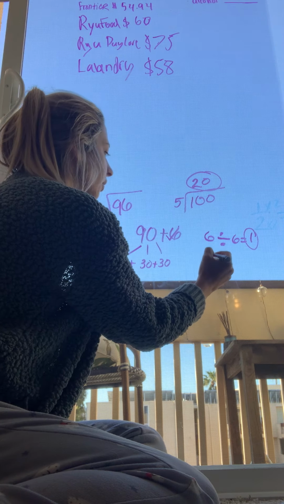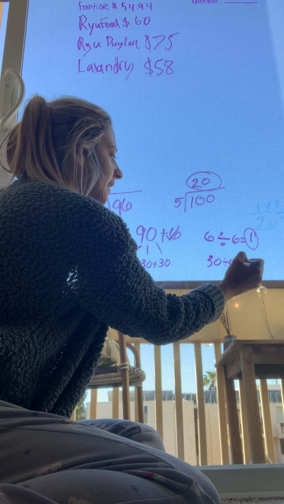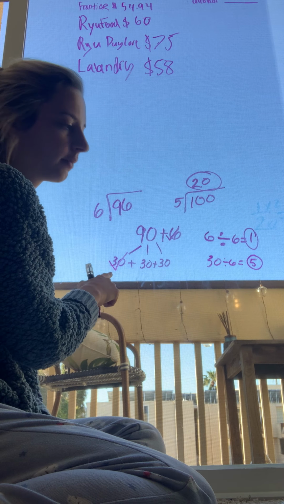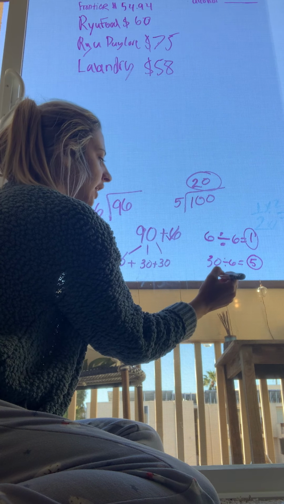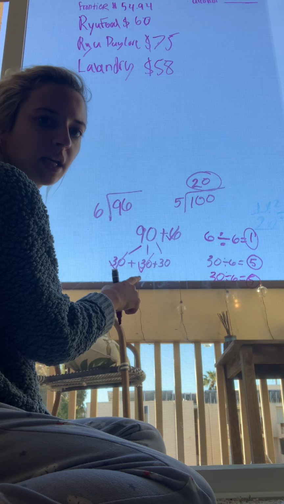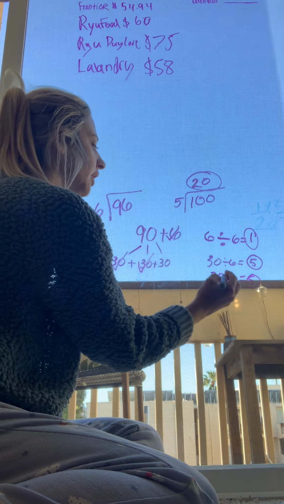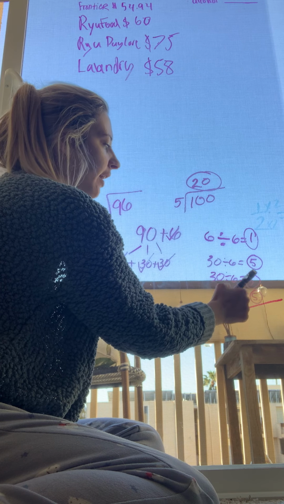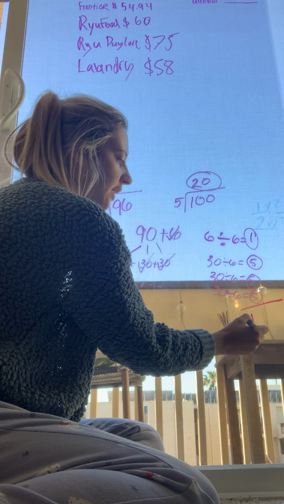Now, 30 divided by 6 is 5. That one's taken care of. I have another one. 30 divided by 6 equals 5. That one's taken care of. One more. 30 divided by 6 equals 5. That one's taken care of. Now I take all of my partial quotients and add them. So 5 plus 5 plus 5 plus 1 is 16.